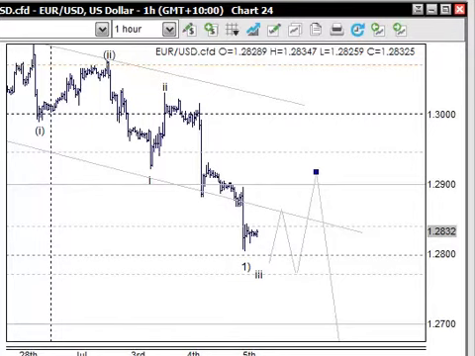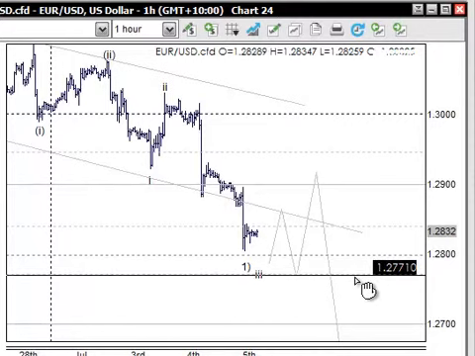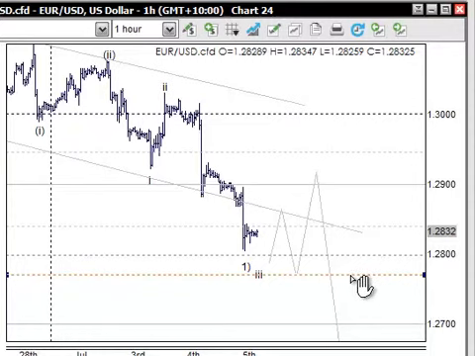Of course, this number here is also important as well. It's the 127.72. So just bear that in mind as well. So if you're trading intraday, then look for that.